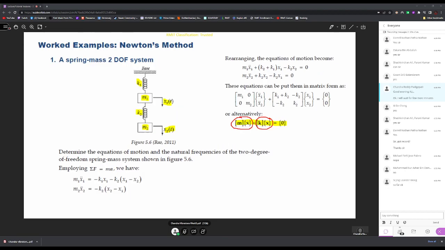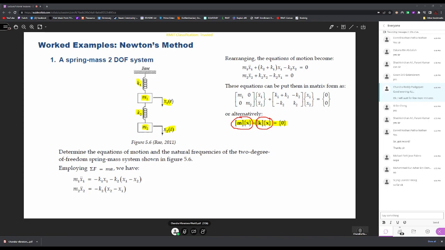Now we'll go a bit further into analyzing this mass and spring system, the 2-degree-of-freedom system. The first thing we have done is apply Newton's method and write the equations of motion in matrix format. Now we need to find the solution.